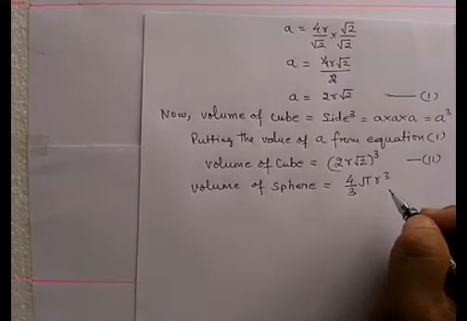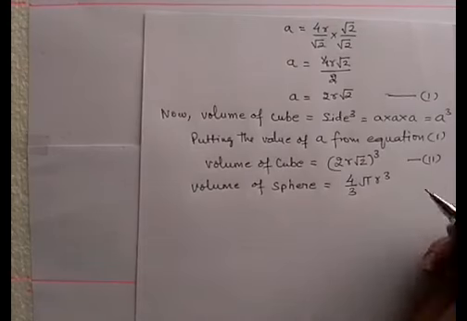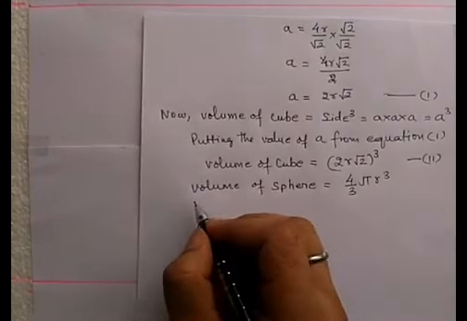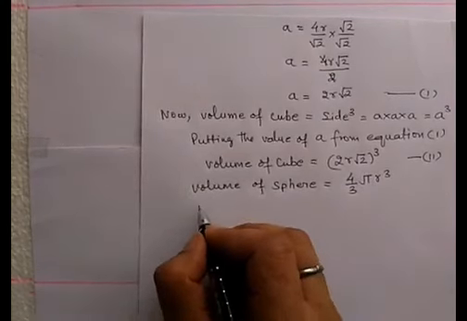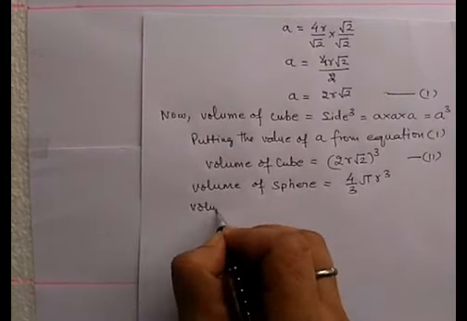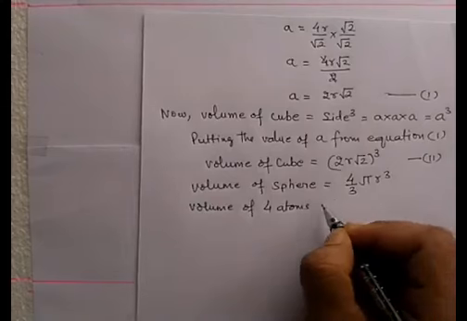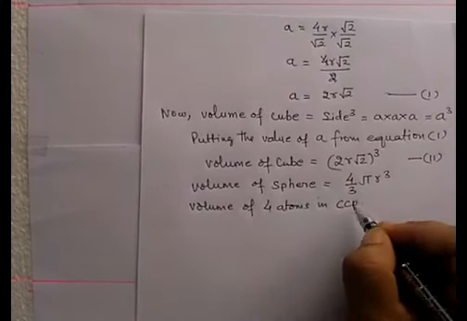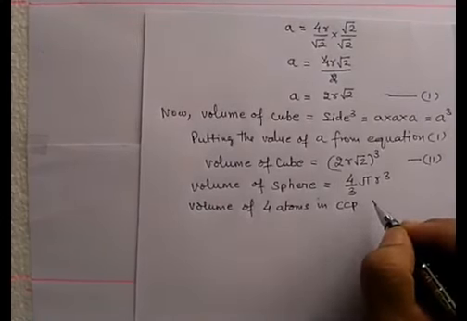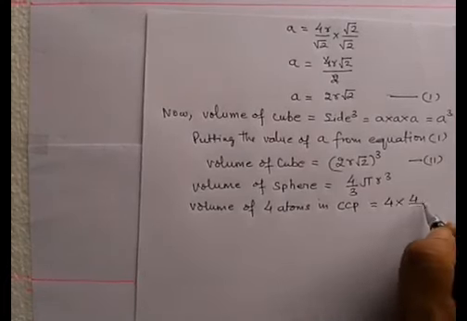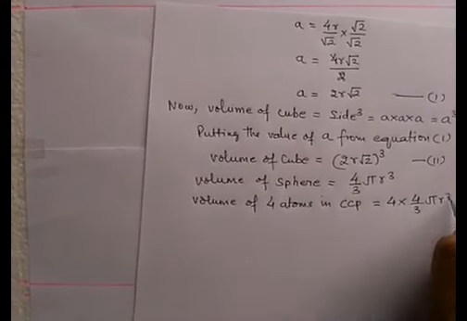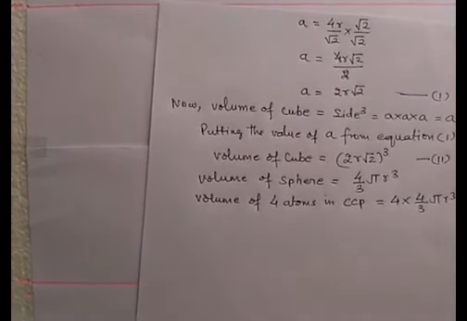We also know 1 unit cell of CCP or HCP contains 4 atoms or 4 spheres. So volume of 4 atoms in CCP and HCP is equal to 4 into 4 by 3 pi r cube. This is their collective volume.